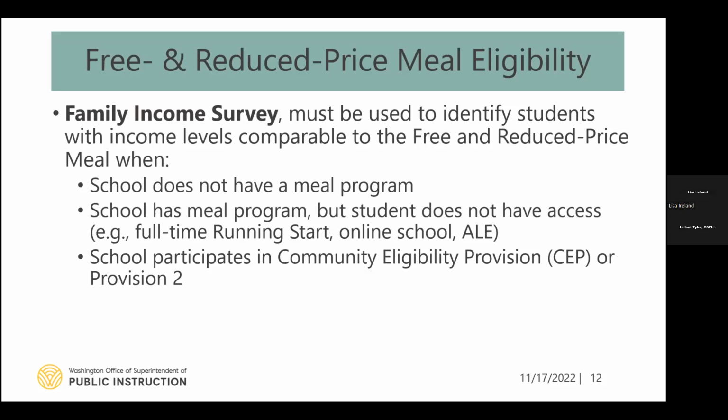If you've gone through that group and say, well, now we need to look at the information for all other students, if your school doesn't have a meal program, or it's a meal program and the student does have access, we spoke to that, or if your school or district participates in a community eligibility provision or provision 2 program, or they're identified as eligible. This is a big step for a lot of districts.